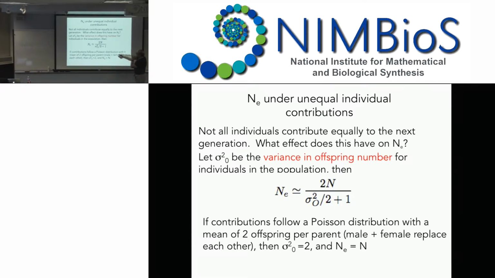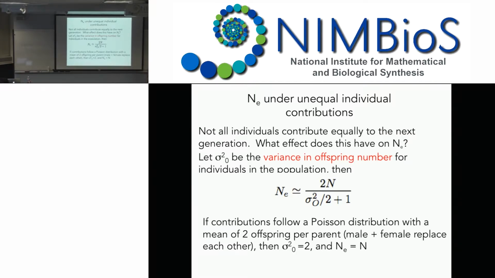However, if I've got a variance, so some individuals produce lots of offspring, others produce none, that will again dramatically shrink my effective population sizes. Even just thinking about if 90% of the males don't mate, even if the other males produce the same number of offspring, that gives me a huge variance in here.